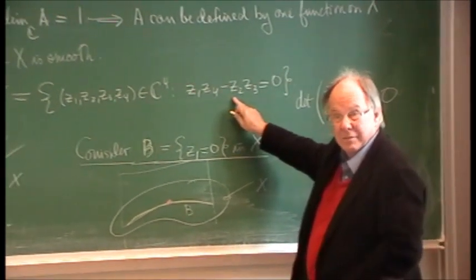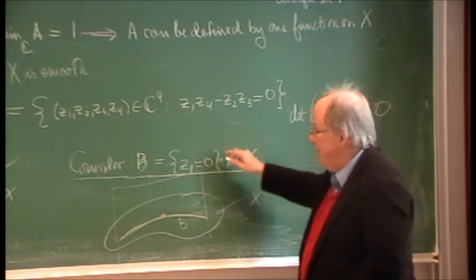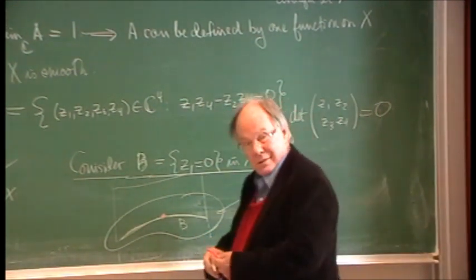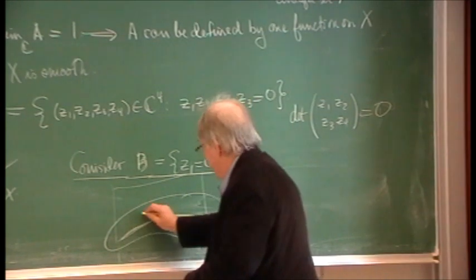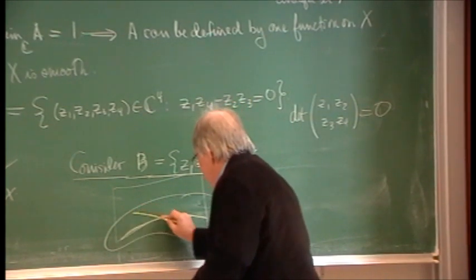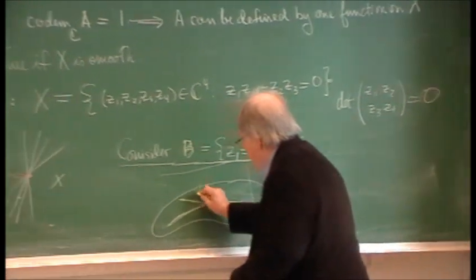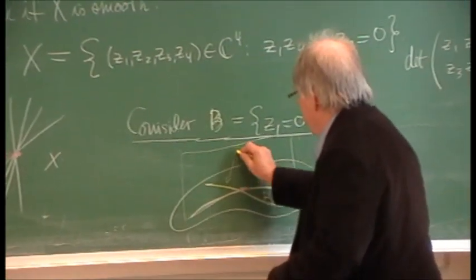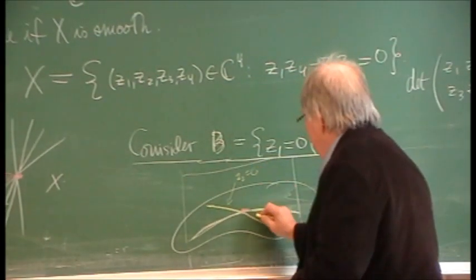Right? In the cone. That means it has two components: Z2 equals 0 and Z3 equals 0.